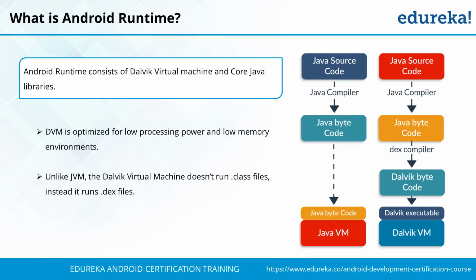So guys, Dalvik virtual machine is more or less an optimized JVM. It's going to work for low power processing and low memory environments. So JVM is for desktops and DVM is for mobile devices. So we got an optimized version of JVM for mobile devices. So unlike JVM, DVM will not run the bytecode.